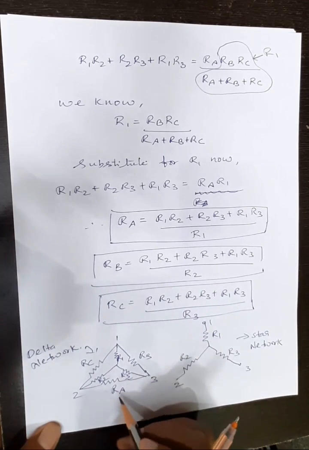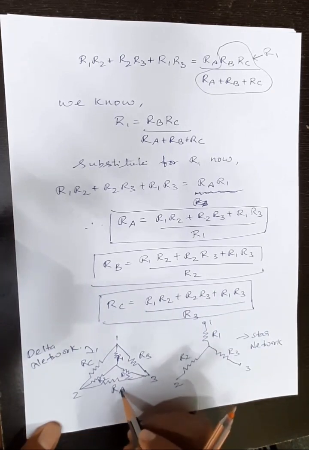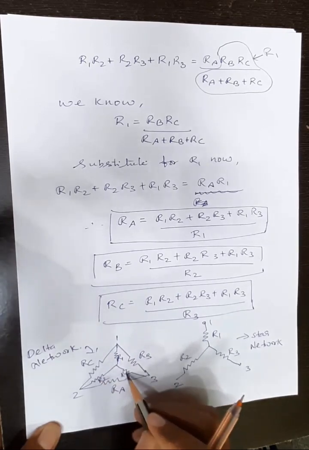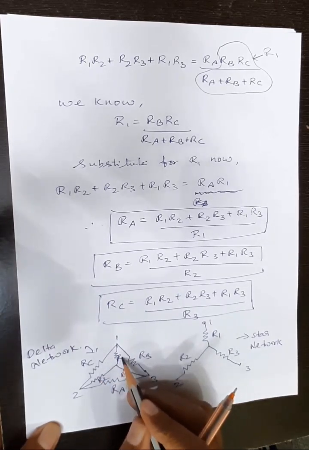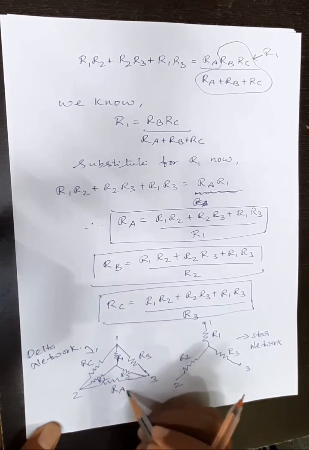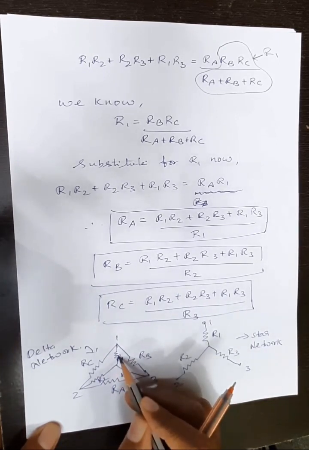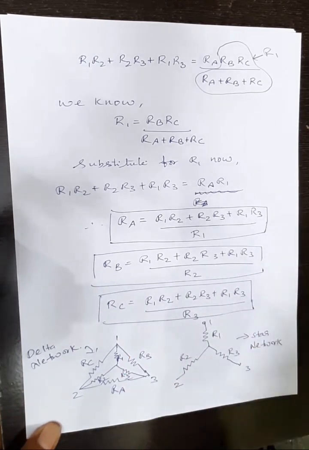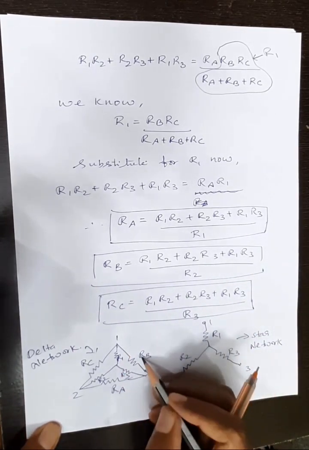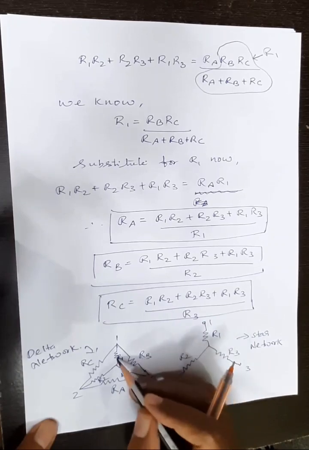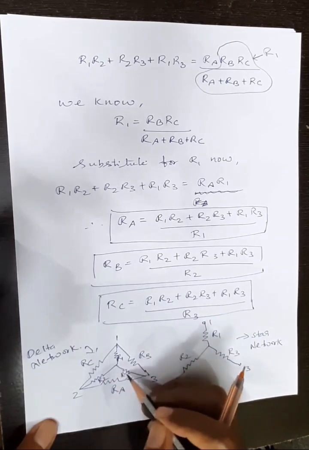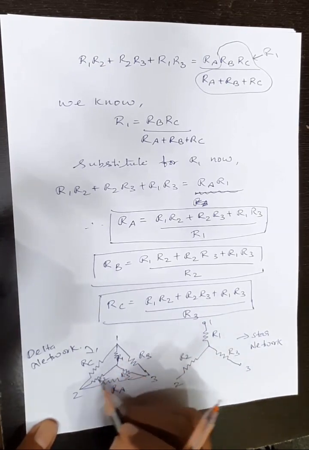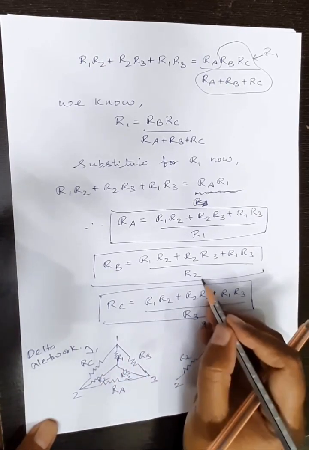Similarly, when you come for RA, the numerator is the same, R1 into R2 plus R2 into R3 plus R3 into R1 divided by RA's opposite resistance, that is R1. You can see in this equation. Similarly, when you come for RB, the numerator is the same, R1 into R2 plus R2 into R3 plus R3 into R1 divided by RB's opposite resistance, that is R2.